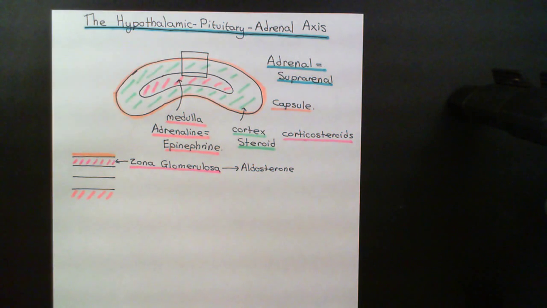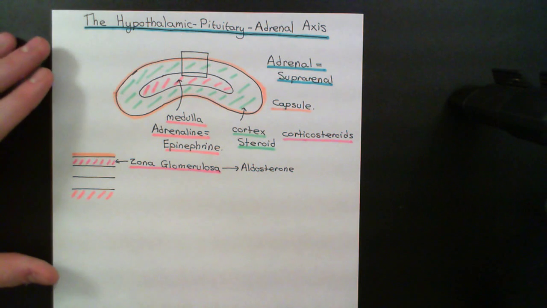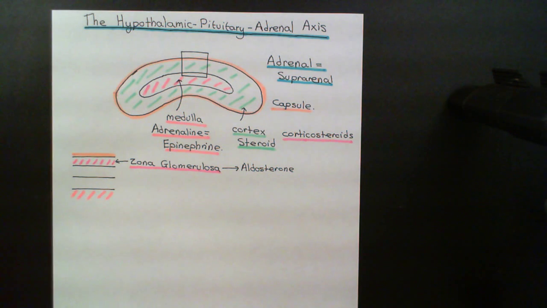So aldosterone is very important in the control of blood volume, and more generally extracellular fluid volume. Of course, the extracellular fluid consists of the blood and also the tissue fluid, the interstitial fluid, and they're continuous with one another. So if blood volume is too low, it will be because extracellular fluid volume as a whole is too low, and aldosterone is important in bringing extracellular fluid volume back up to what it should be.